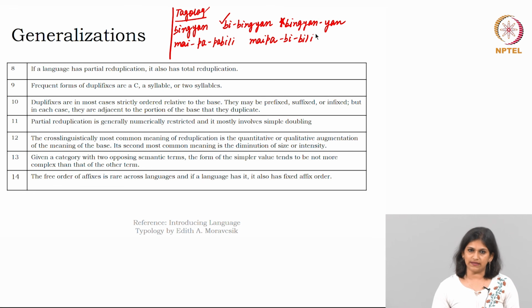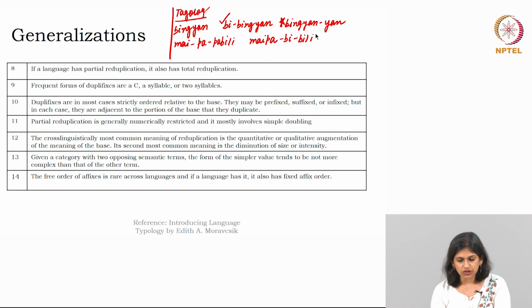So, either it is the qualitative augmentation or it is the quantitative augmentation, but eventually it is the meaning of the base that decides how the reduplication is going to work, and the meaning of the reduplication can never be far away from the meaning of the base. Sometimes it is qualitative augmentation, sometimes quantitative augmentation, but eventually what is the most common meaning?